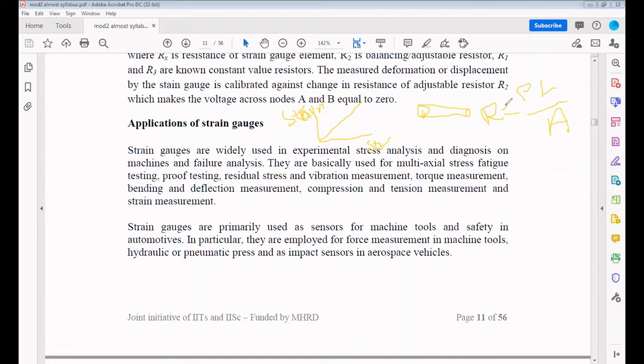Then the resistance will automatically change, so the electrical values will change. The source of the system will change, so the operating system will also change.